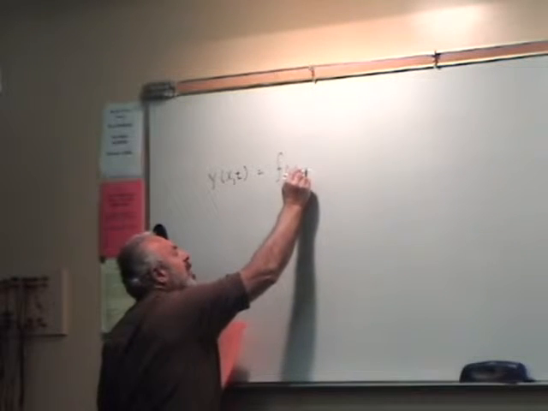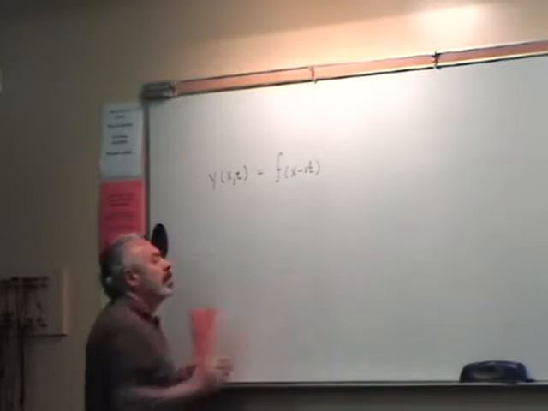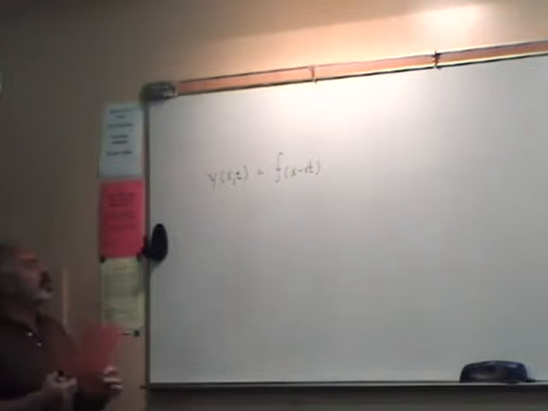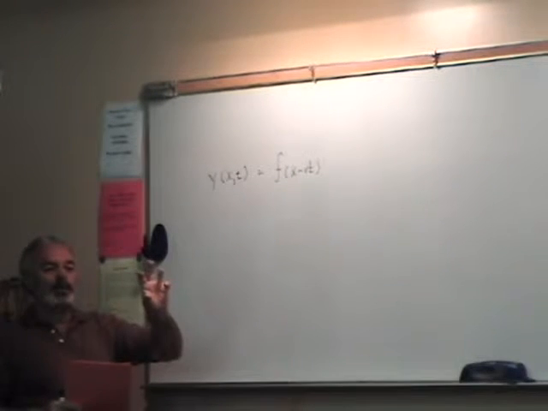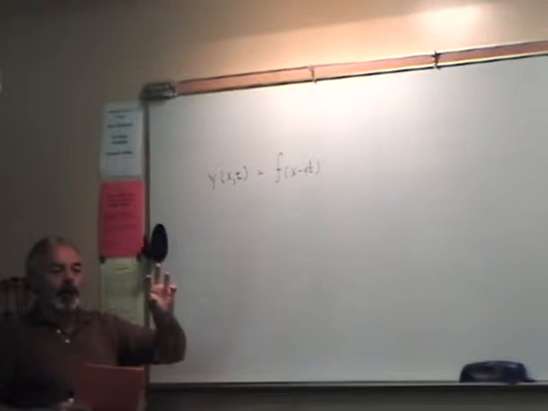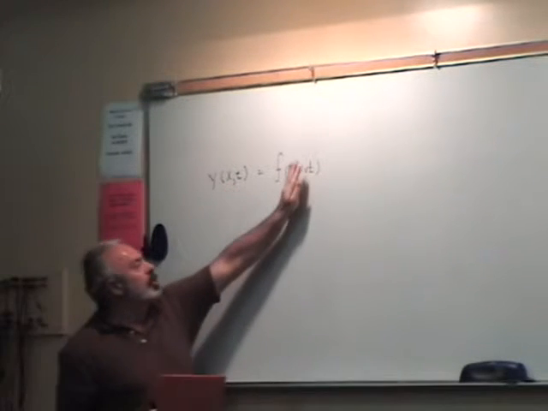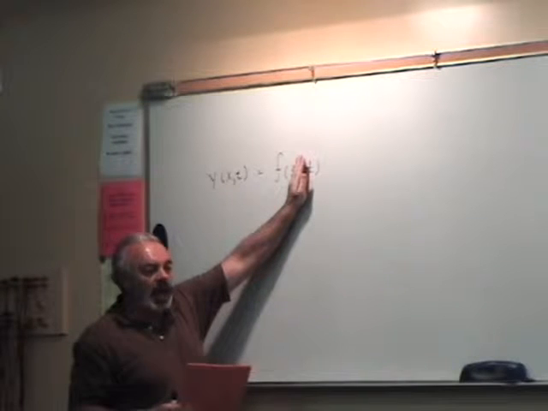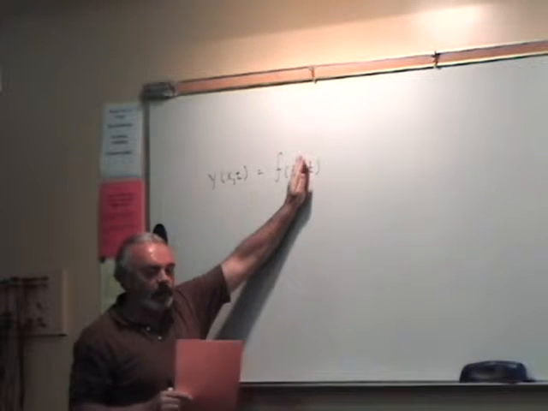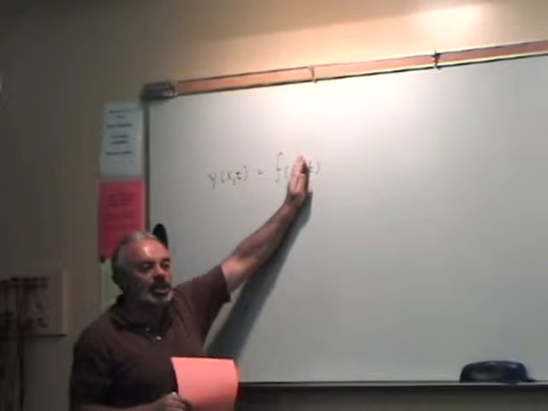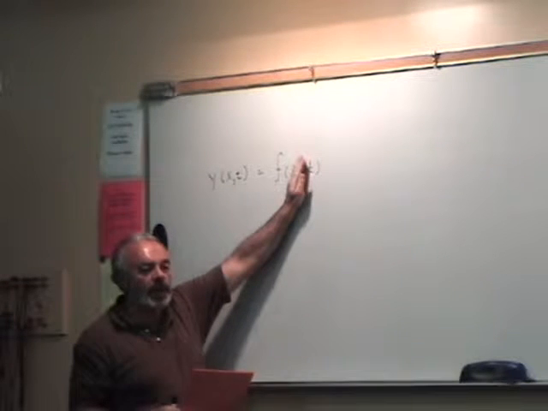of x minus vt. The way we motivate this is to start out by talking about a snapshot of a waveform frozen at time t equals 0, so that this term is gone. Then you get a mathematical equation that describes the particular waveform at t equals 0.